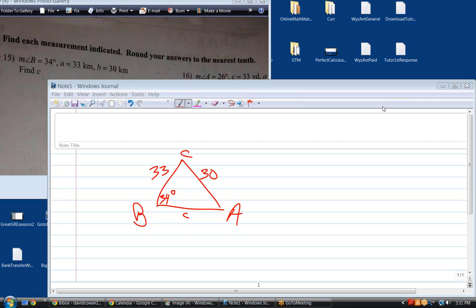So it looks like we're solving triangles tonight, using the law of sines and probably the law of cosines, and having to deal with the ambiguous case of the law of sines probably also.